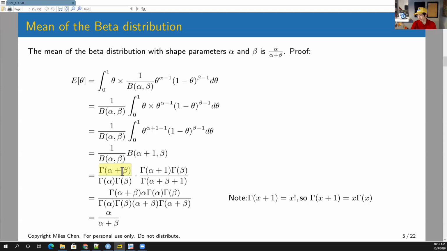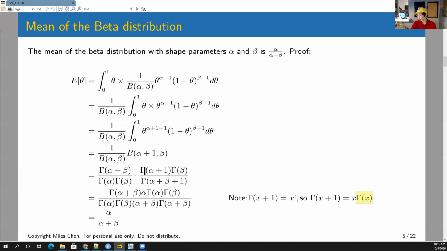So I combine gamma alpha plus beta is this, and then gamma of alpha plus 1, okay, because this is equal to x factorial, or in this case alpha factorial. We can also write gamma of x plus 1 is equal to x times gamma of x, if that's okay.